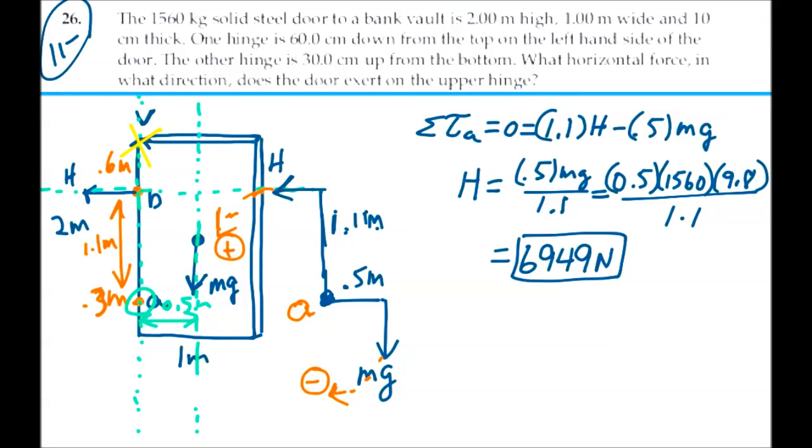Positive value, so our assumed direction is correct. The horizontal force is going to the left at that point. So on the upper hinge, we have a force of 6,949 newtons to the left.